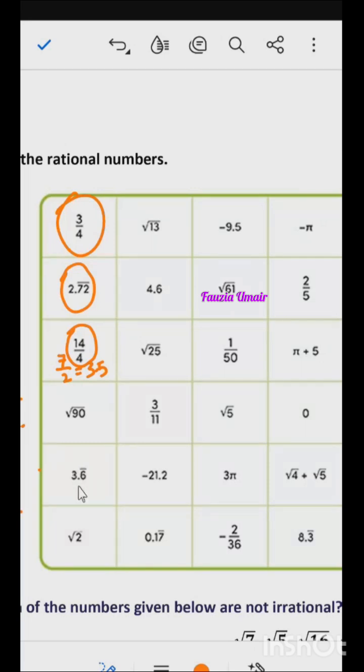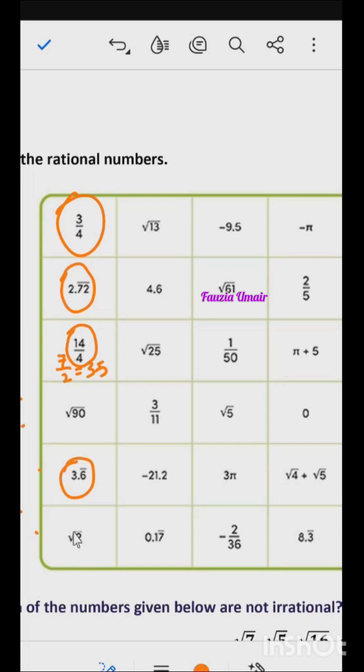Okay? So next is 3.6 with the bar. What kind of decimal is this? Ma'am, it's a recurring decimal and it's rational. Excellent. Recurring decimal, so it's a rational number. So next is square root of 2.